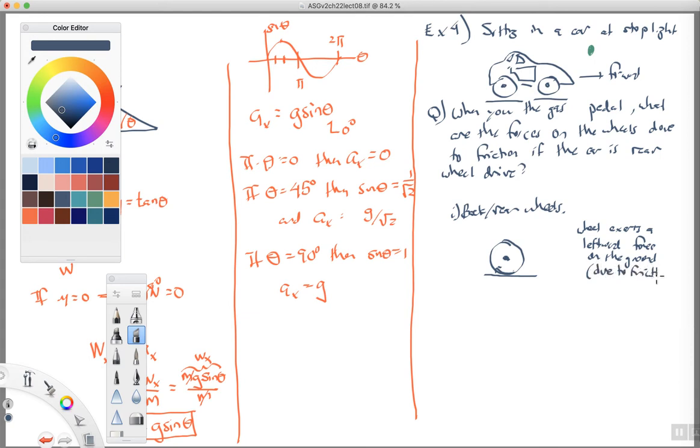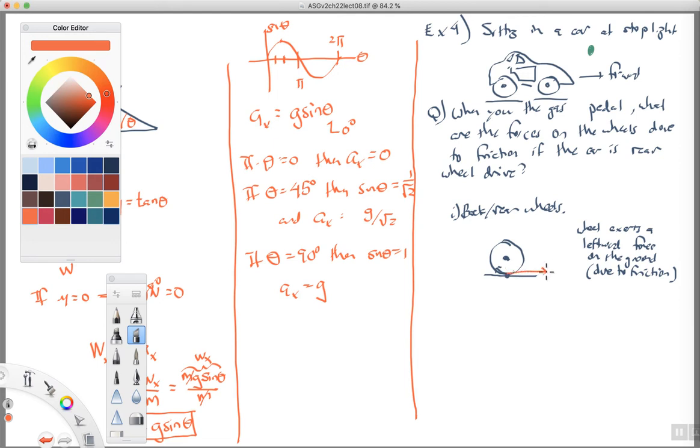So this is due to friction. But notice that this is not what I'm asking in this question. I'm not asking what is the force on the ground. I'm asking you what is the frictional force exerted by the ground on the wheel, right? And if the wheel is pushing the ground to the left, then by Newton's third law, the ground must be pushing the wheel to the right. That would be the equal and opposite force exerted by the ground on the wheel.